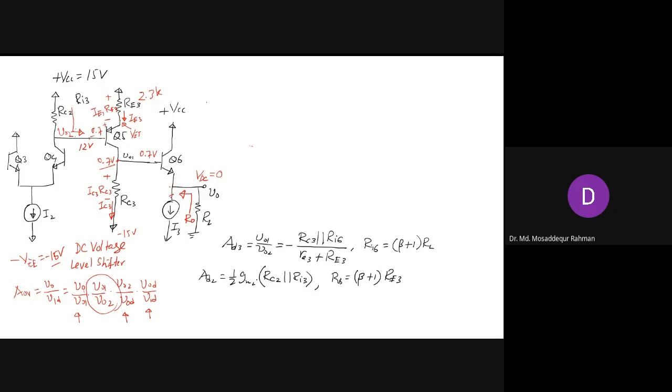Even if you make this one open, because you said this is infinite, it is still connected to something, and there will be some resistance there. So won't that have any contribution to the output resistance?